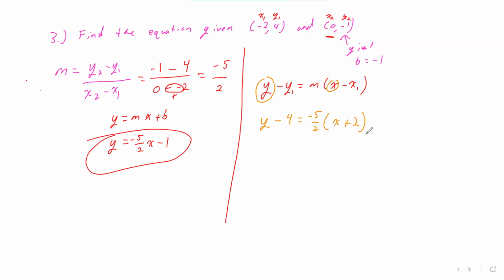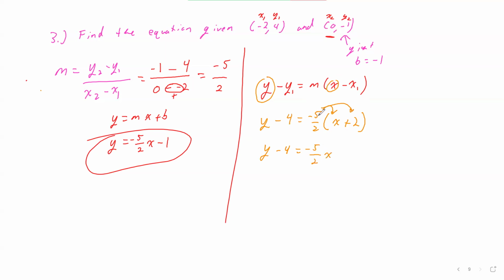Now that's in this form. What was step 1? Distribute. So remember, a number times a letter, you just keep it as that number and letter.